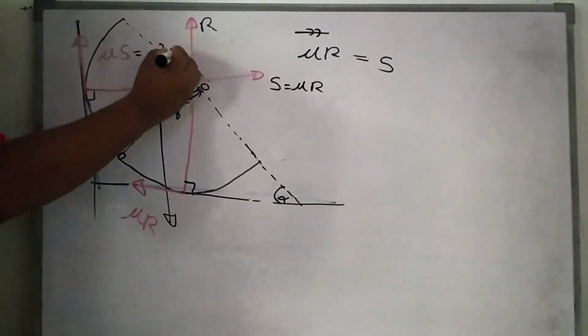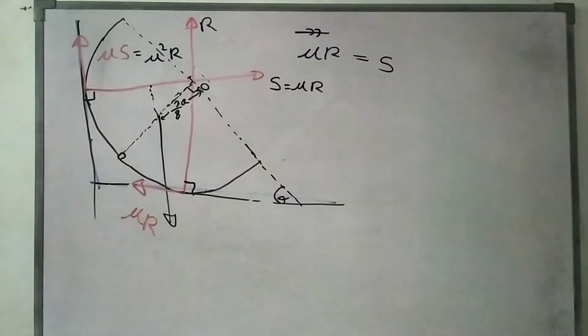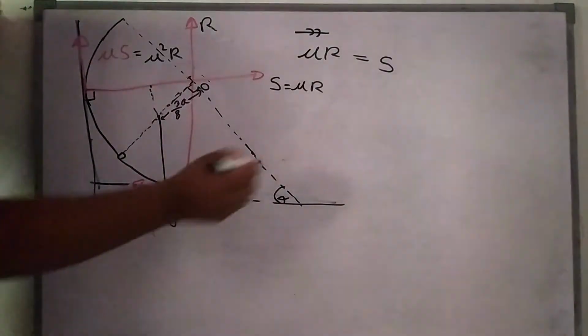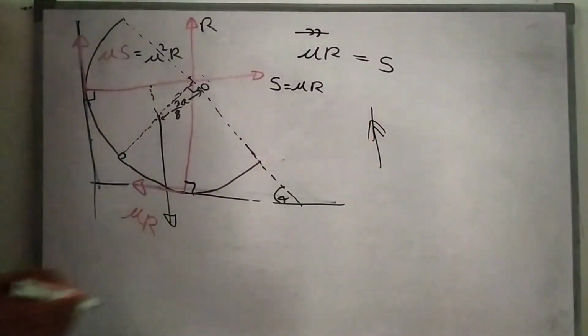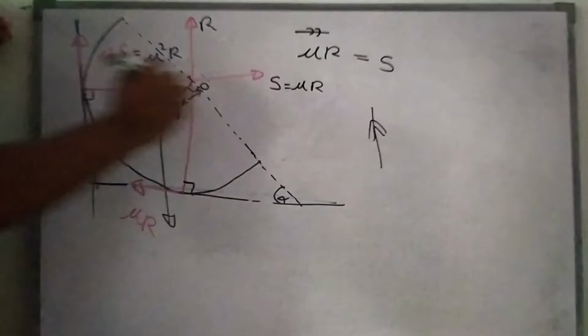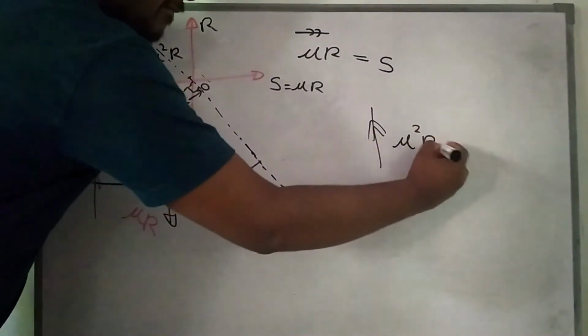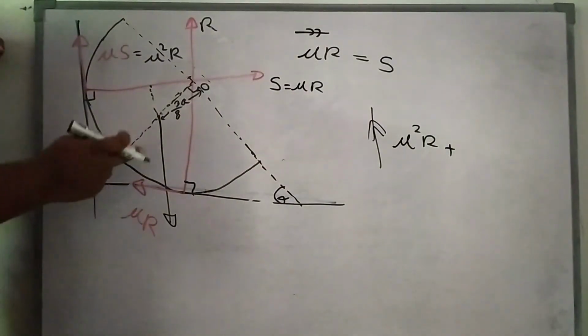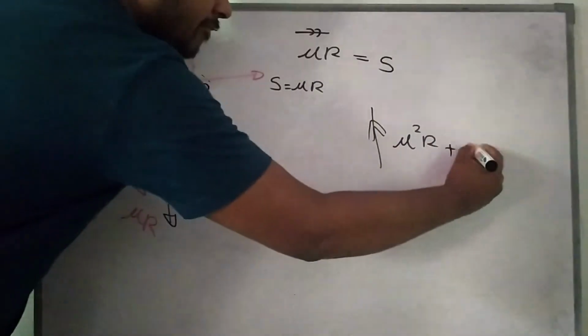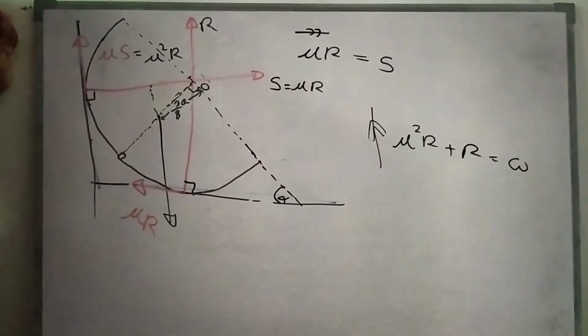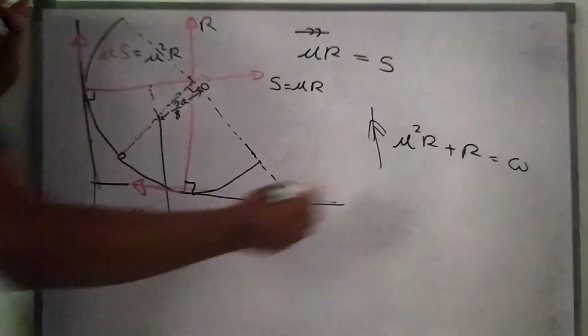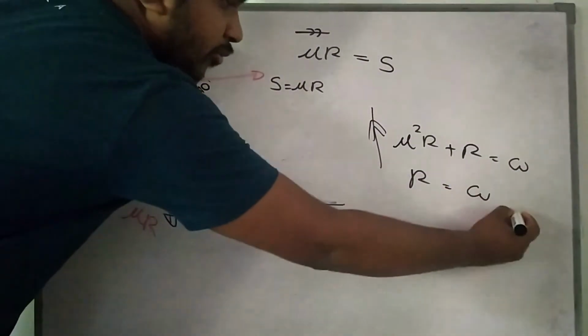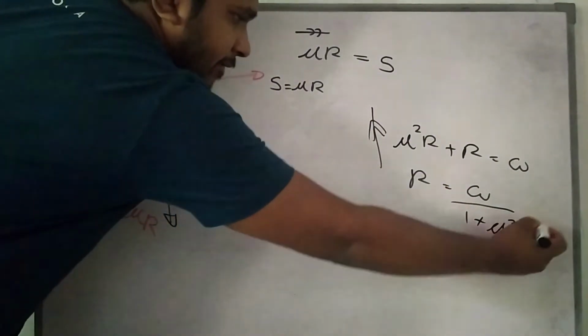Then mu S will be mu squared R. The next step is we have to take the vertical forces. Mu squared R plus R equals W. R can be taken out, then R equals W over 1 plus mu squared.